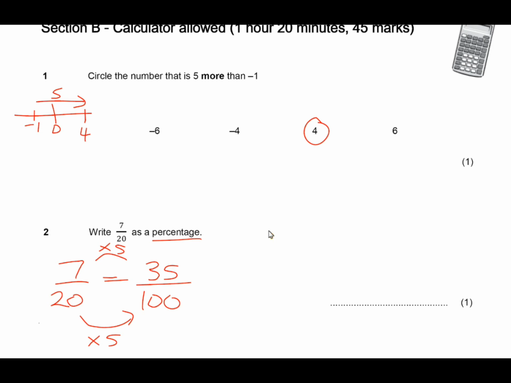Now it is a calculator paper, so if you wanted to, you could put 7 over 20 in your calculator, press equals in the SD button, and then that will give you a decimal, and multiply your decimal by 100.